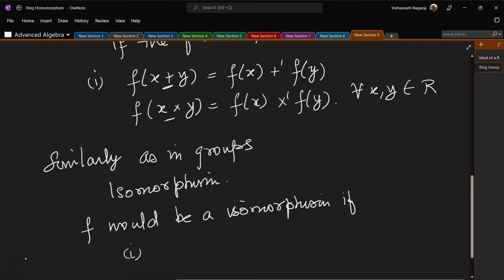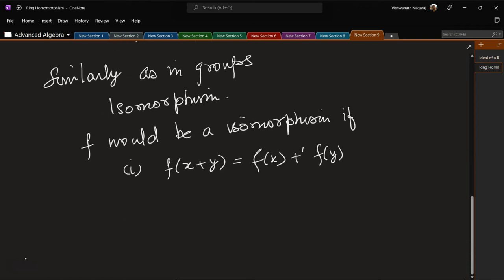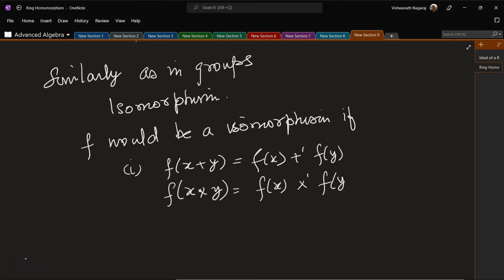So F would be an isomorphism if the first condition is what we have already seen, f of x plus y is equal to f of x plus prime f of y, and f of x times y is equal to f of x times prime f of y. The second condition is, as usual, it should be 1 to 1.